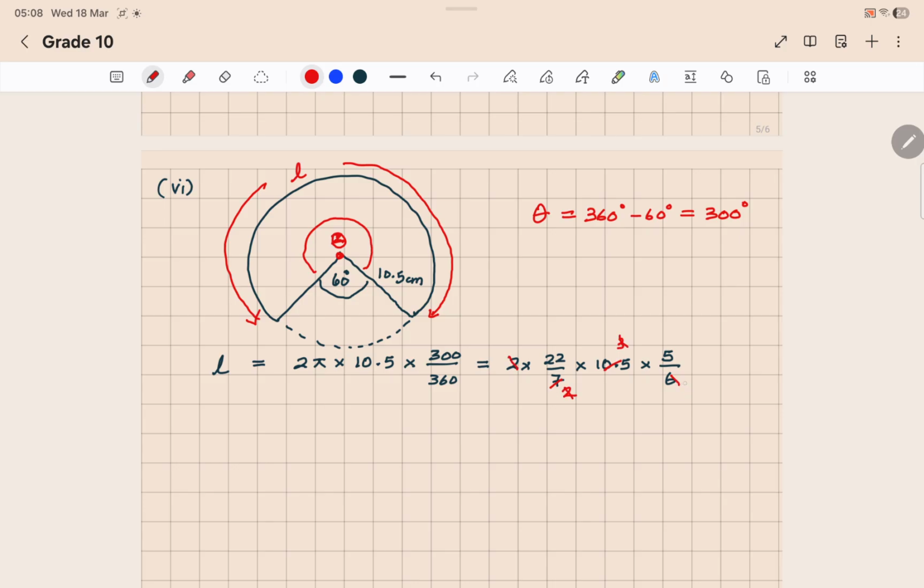This 3 cancels with this 6. You get 2. Then 22 and 2 cancel, you get 11. So 11 times 5, so 55 centimeters, right? So that arc length is 55 centimeters.